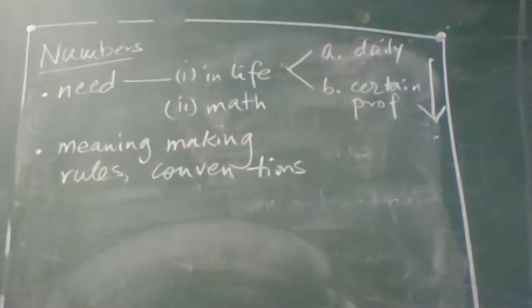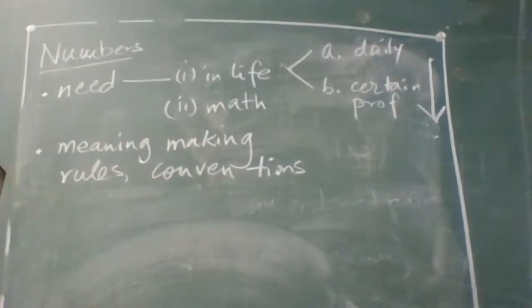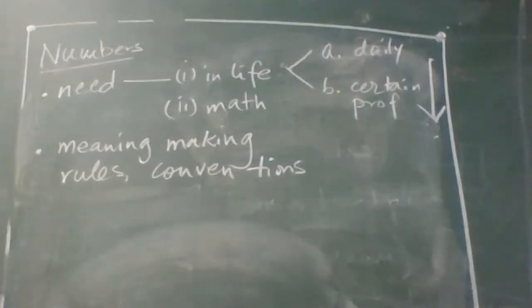We need to take a look at the algebra portion, because algebra is nothing but a generalization of numbers. If you are coming into polynomials and your polynomial involves x square or x cube, then you need to know what is x square, right?